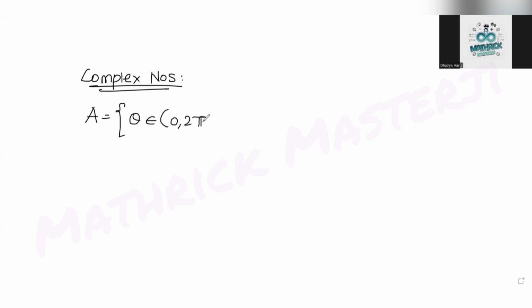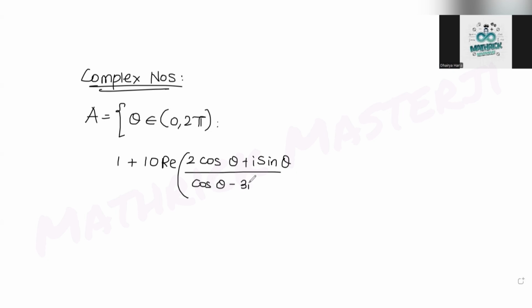Let's see today's question. Today's question we are taking up from the topic of complex numbers. The question tells us: let A be a set of theta values which belong to the interval 0 to 2 pi, with the condition that 1 plus 10 times the real part of the complex number (2 cos theta plus i sin theta) divided by (cos theta minus 3i sin theta) is equal to 0.